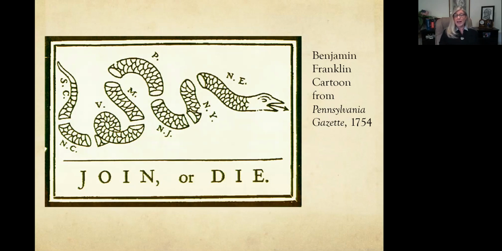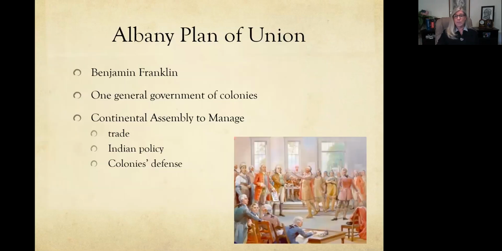This was not an idea that was popular in the 1750s, but by the 1770s, a whole lot will happen between 1754 and 1776 that will cause the colonists to change their mind and say, you know what, maybe we should join up together and unify as a group of colonies who are working together against the British.